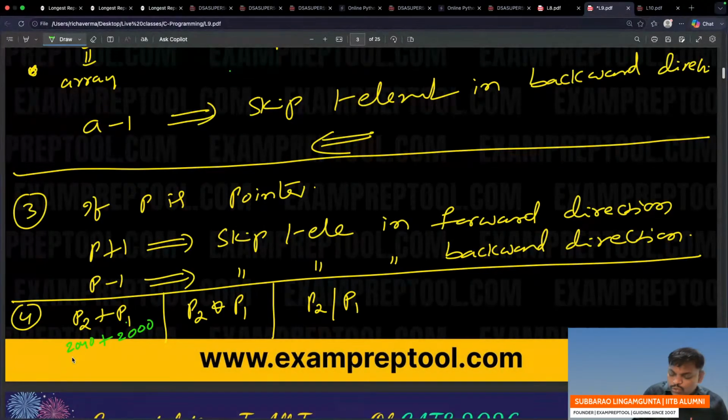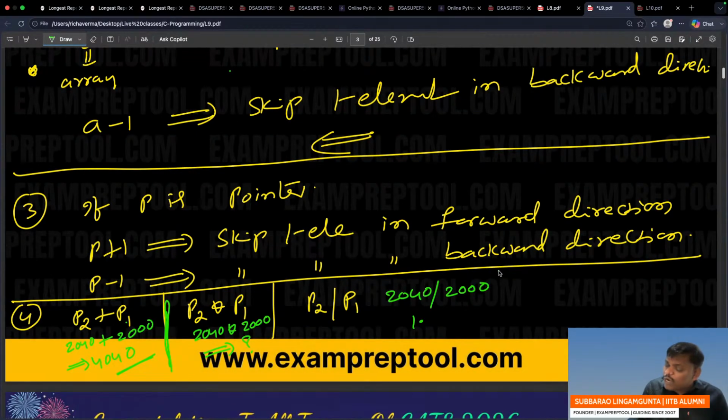If you do 2040 plus 2000, it is 4040. But what is the use? It is 2040 into 2000, a very big number. What is the use? Next one, 2040 divided by 2000 is 1 point something. That is okay, but what is the meaning?